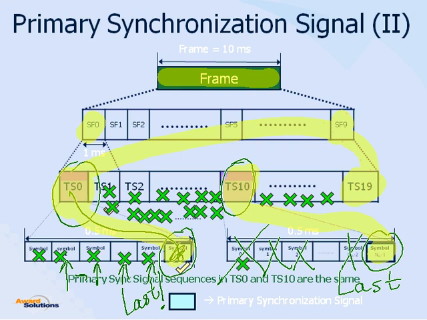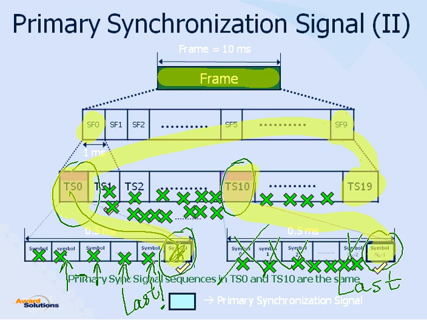Now we reach time slot 10. No match here, no match. And now when we go to the last OFDM symbol, again we will find a perfect match with one of the 3 sequences. So in summary, the UE will find the primary signal during the last OFDM symbol of time slot number 0 and 10.